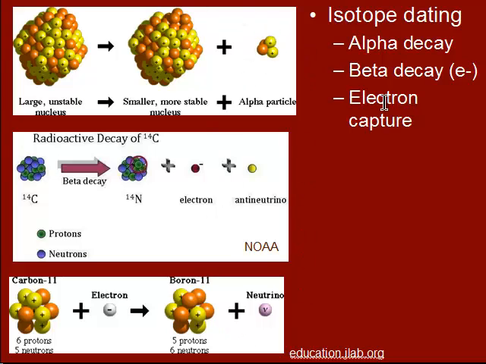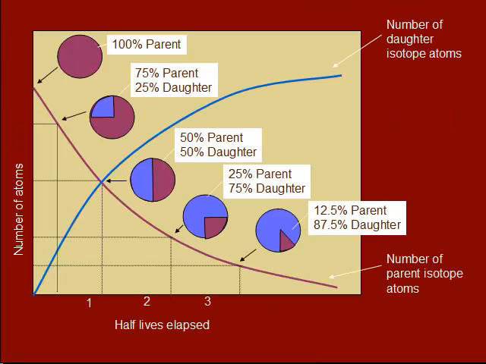The three main types are alpha decay, where the unstable parent emits an alpha particle, 2 protons and 2 neutrons; beta decay, where we emit an electron; and electron capture, where the unstable parent captures an electron to become more stable. When we look at this decay process over time, we can take samples, record this, and monitor some unstable parents and measure how much of what is left over.